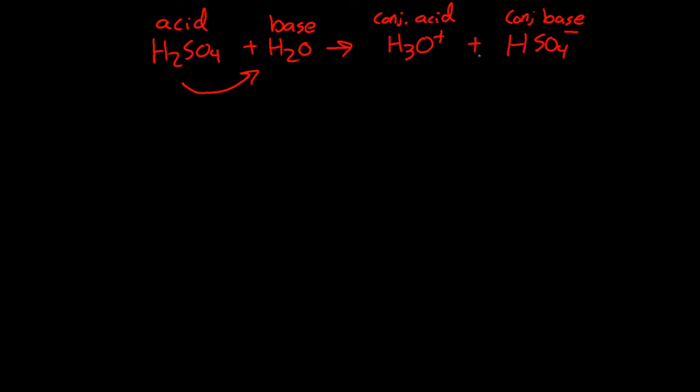So if this reaction were to go backwards, essentially, if we were to go back to where we were before, this thing, this is called bisulfate, by the way, this would act like a base. It would accept back the H+ from the hydronium, and the hydronium would act like an acid.